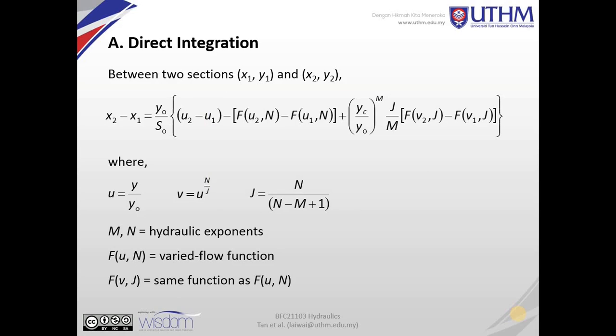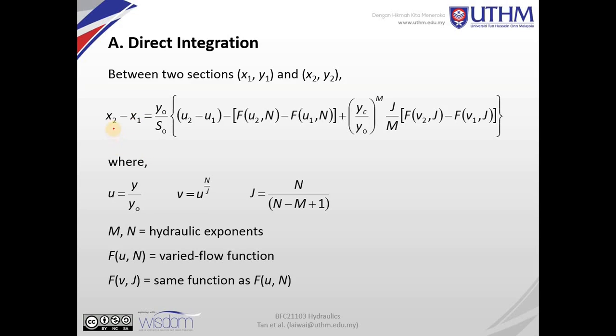Okay, so let's move to the first method to calculate the GVF profile, using the direct integration method. The formula for the direct integration method is listed as follows. So x2 minus x1 is actually the length of the GVF profile, and in other words can be written as L or delta x.